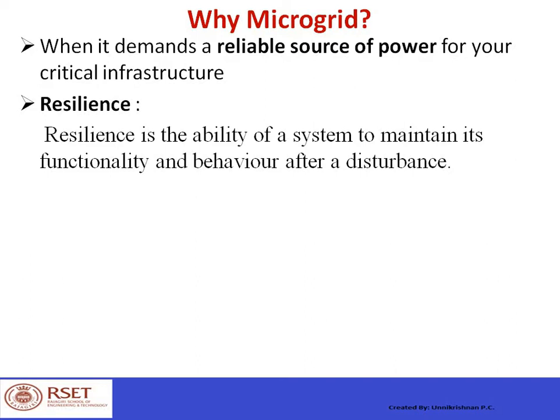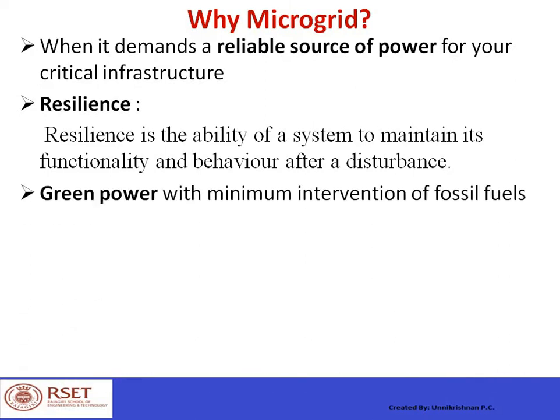So when there is a power outage, let us say there is a flood and the electric grid fails, but the microgrid can still keep working. And that is the ability of a system to maintain its functionality after a disturbance.